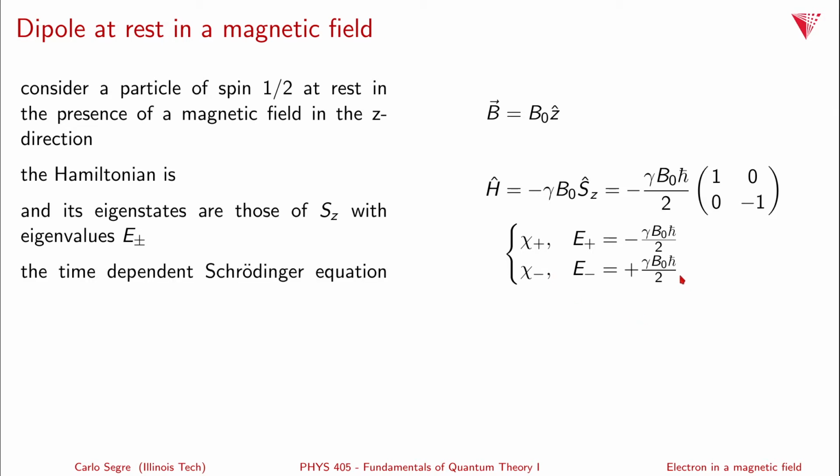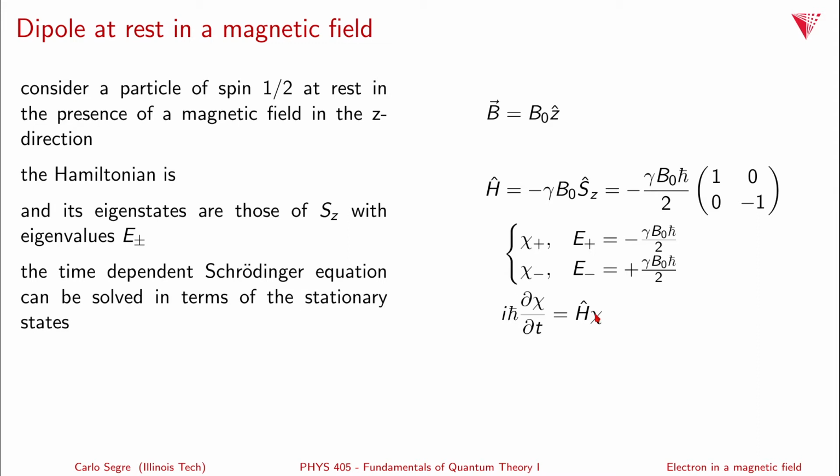The time-dependent Schrödinger equation is now simply given by i h bar d chi by dt equals the Hamiltonian applied to chi. And we can solve this in terms of stationary states of the Hamiltonian, because if we know the energy, we know what the time-dependent part of the solution is.